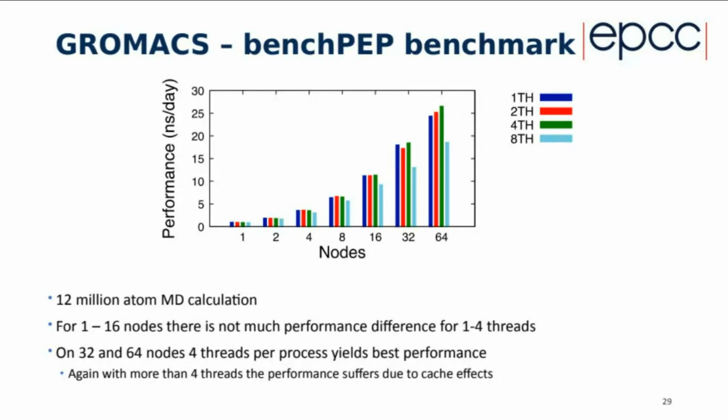Here, using 4 threads per process on 32 and 64 nodes. Again, it really starts to tail off on 8 threads due to the cache effects.